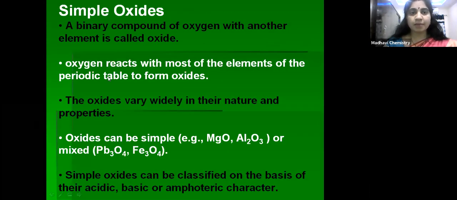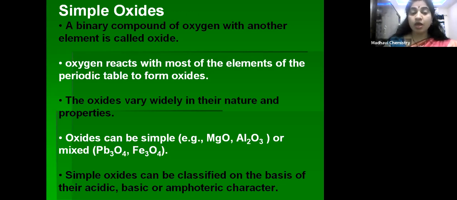Next, coming to some simple oxides. What are oxides? A binary compound of oxygen with another element is called an oxide. Oxygen reacts with most of the elements of the periodic table except some noble metals and some noble gases.